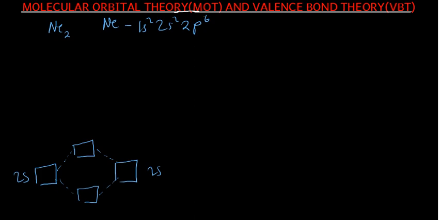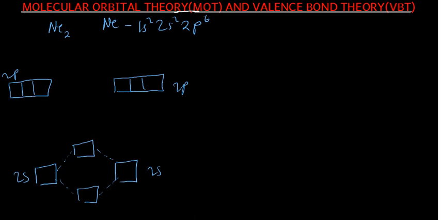And then this is the 2s I've drawn. Remember, it also has a 2p, so we need to draw a 2p. Now notice that the 2p has got 3 suborbitals. So those are the suborbitals we have. This is the 2p from one neon, and this one is the 2p from the other neon.